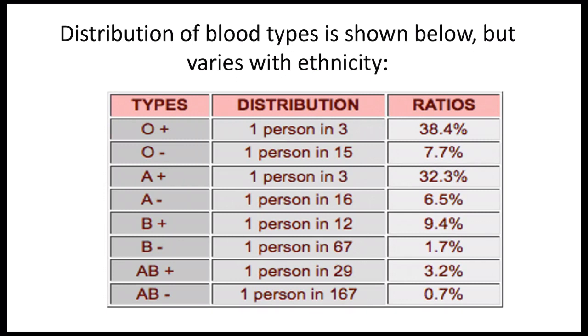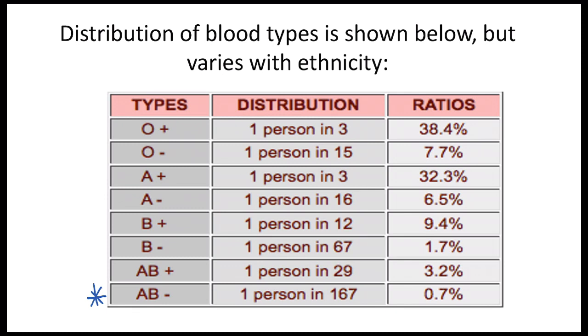So the distributions of blood types obviously vary with ethnicity, but this is the general distribution within our population. We can see here that the rarest blood type to have is AB negative. Only 0.7% or 1 in 167 people have this blood type.